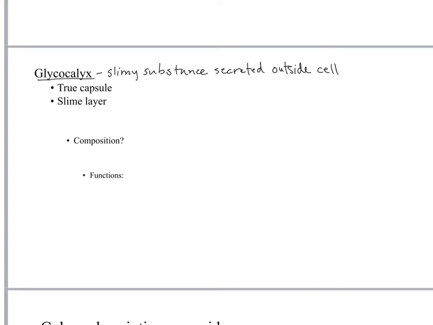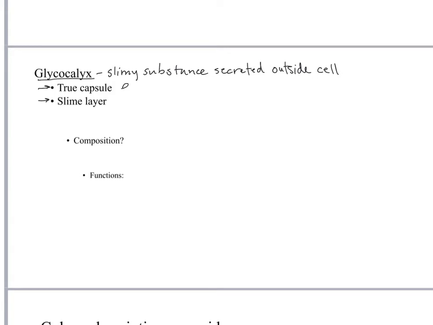Okay, and it's extremely common for bacteria cells to make some kind of glycocalyx because it does give them some advantages. So lots and lots of bacteria make some form of glycocalyx, whether it's considered a true capsule or a slime layer or somewhere in between. So this is really a continuum between the two.